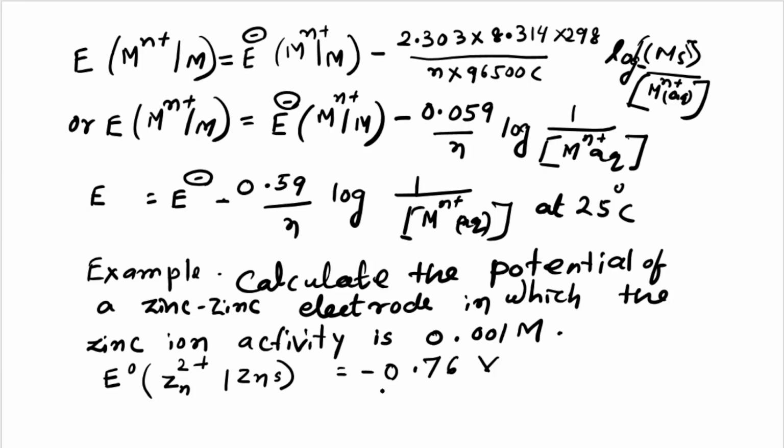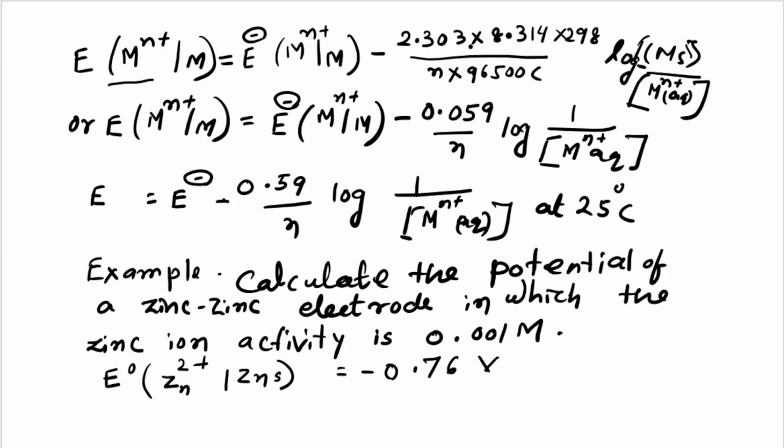If you write it properly, E of M n plus by M, the electrode potential of that half cell, is equal to E0, the standard electrode potential of that electrode, M n plus by M, minus the value of 2.303 into 8.314 into 298.